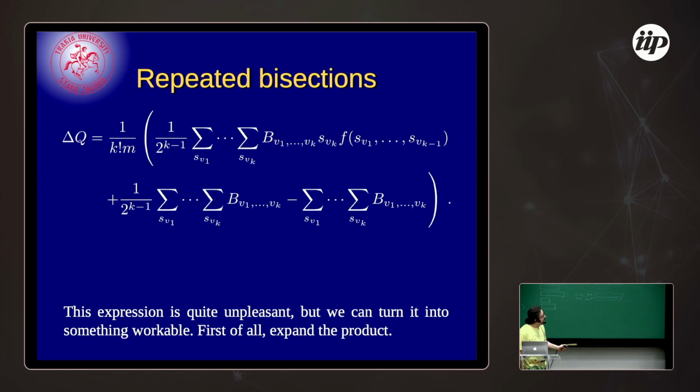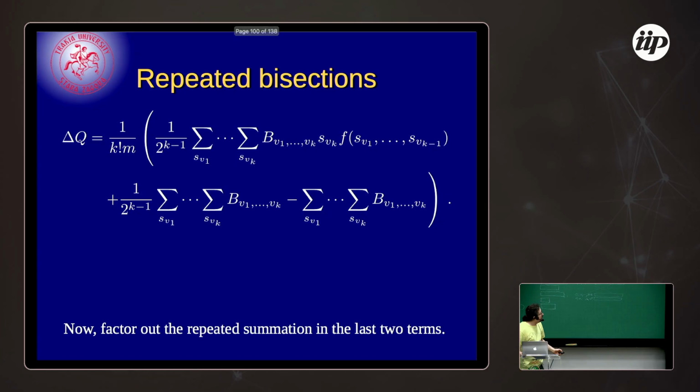I have here the sum with b times s times f, and then another 1, which was the 1 term over here, and then minus the rest. Notice that I have opened up the sums. These were exactly the same sums as before: sum over all the possible combinations of v1 to vk, s_v1 to s_vk. I'm just writing them explicitly because it's going to be easier to work with in a few moments. Then, here, we have the same.